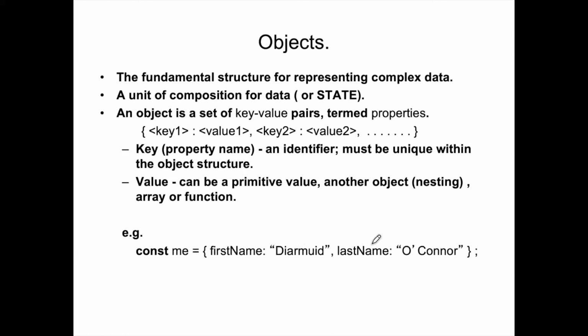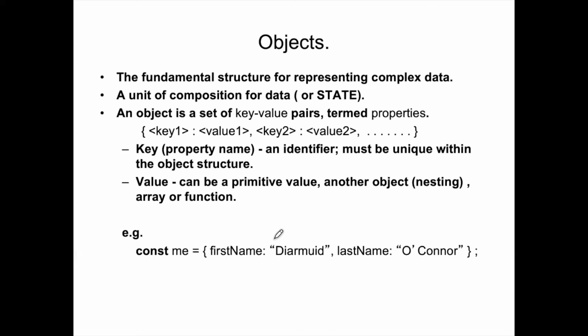I've got another key called last name, and the value associated with that happens to be a string as well. The types of the values don't all have to be the same. So this is an object that has two properties, two key value pair sets. Okay, so key, value, properties, they're all terms that we use in relation to objects.